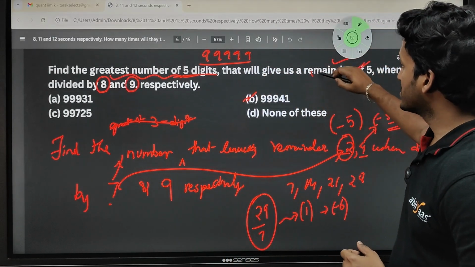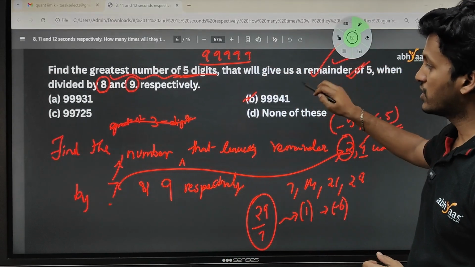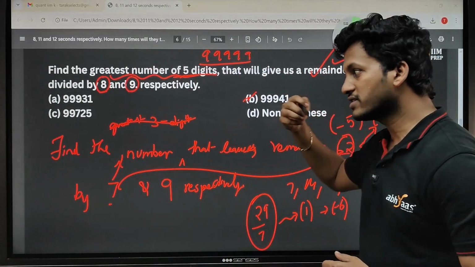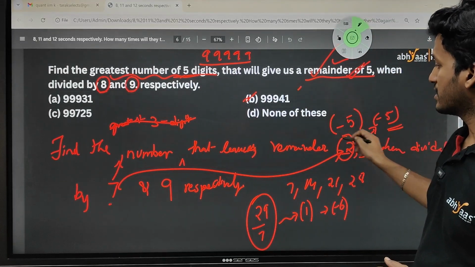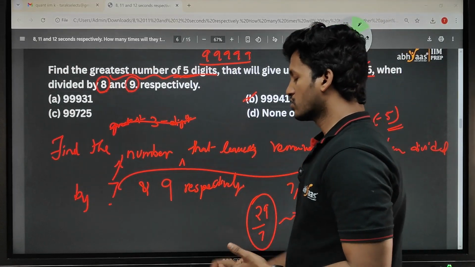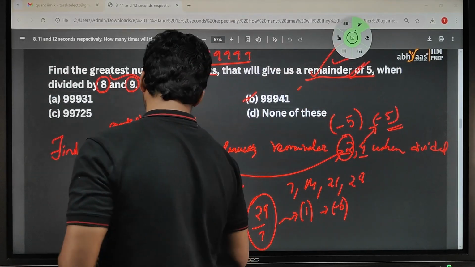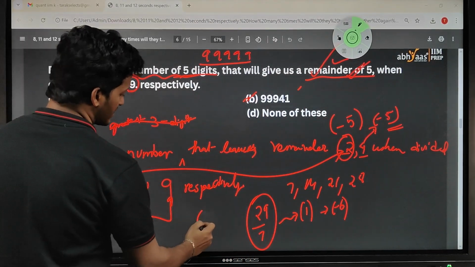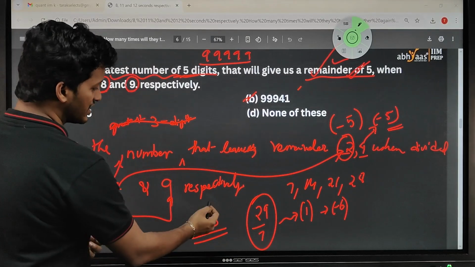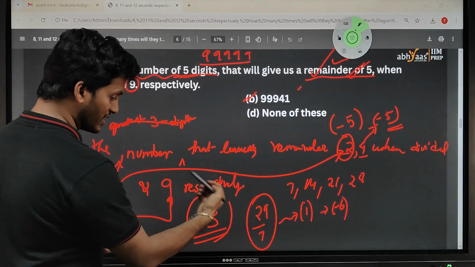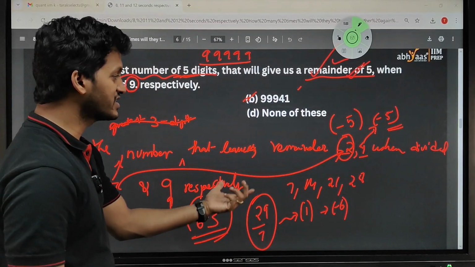So again, the problem is like this only. But in the earlier case we added the remainder, and in this case we remove the remainder. So what is the LCM of 7 and 9? It is 63. So 63 is the number which doesn't leave any remainder when divided by 7 and 9.